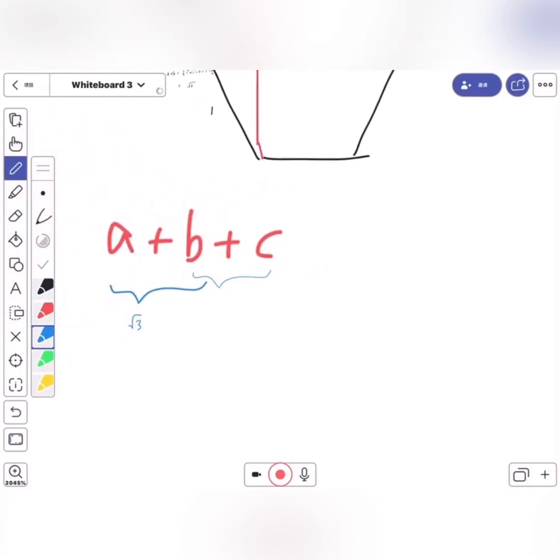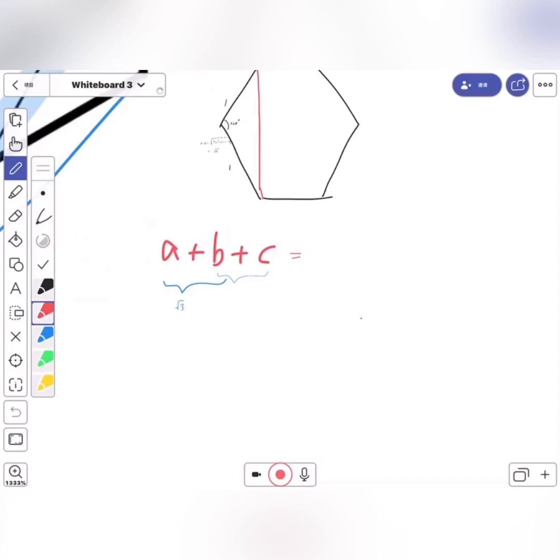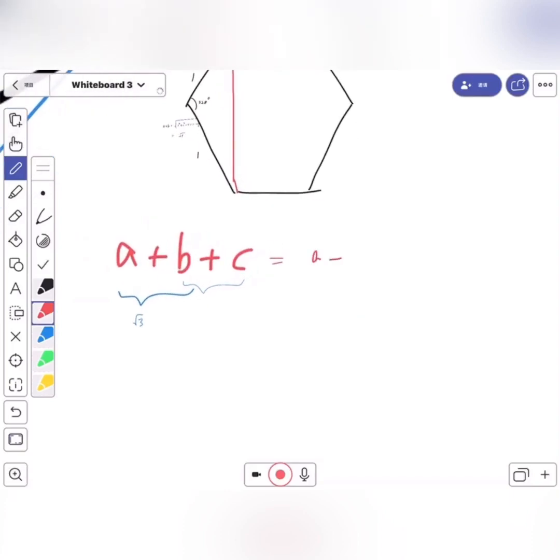So essentially, this expression is equivalent to saying that we want to find a plus b plus a, because c is actually equal to a since they're symmetrical. And now we're going to rewrite this as a plus b plus a minus b, which is equal to 2 times a plus b minus b.